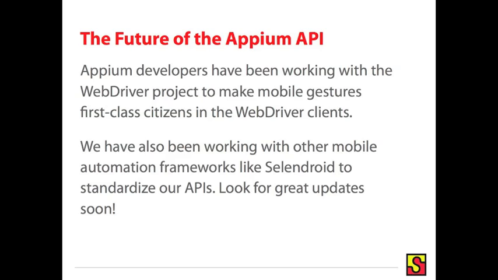In other words, we've defined an extension to the JSON wire protocol, which the WebDriver specification is based around, that will enable all of the different client libraries to implement these gestures as native methods. To address the second problem, we've also been working with other mobile automation frameworks like Selendroid to standardize all of our APIs so that they all work the same no matter what version or what framework we happen to be using.